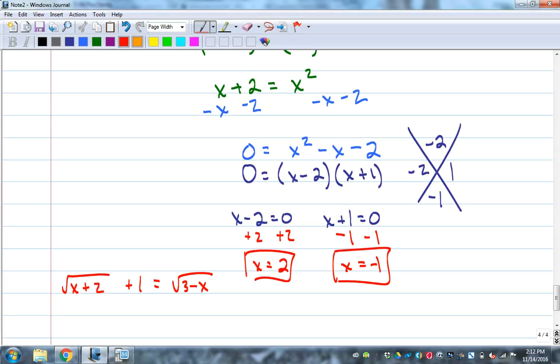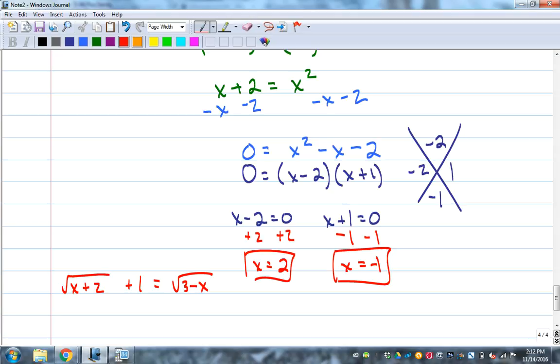And when you plug in the negative 1, we get 3 minus negative 1 is 4, which is the square root of 4 is 2. On this side, we get 1, square root of 1 is 1, 1 plus 1 is 2. So the negative 1 works. The 2, we end up with 4, 2 plus 1 is 3.